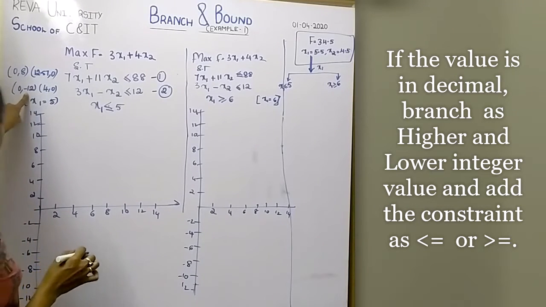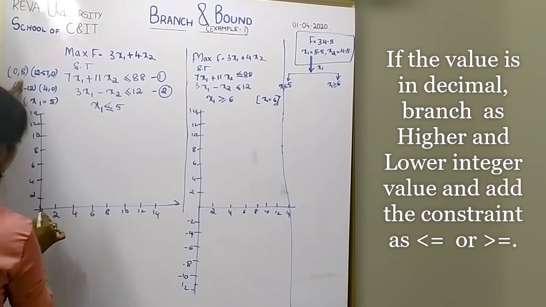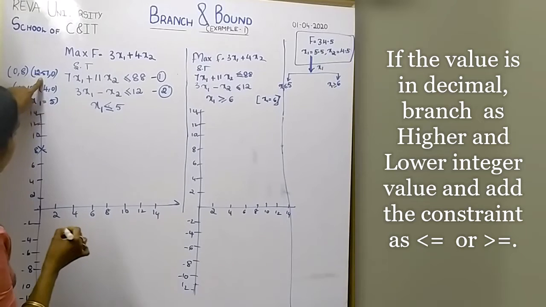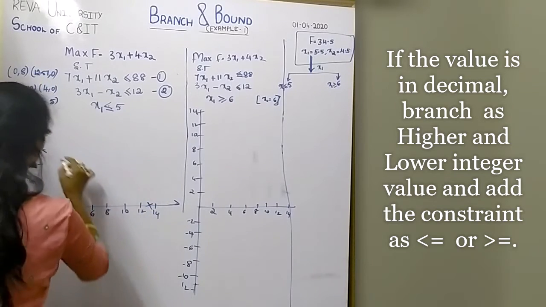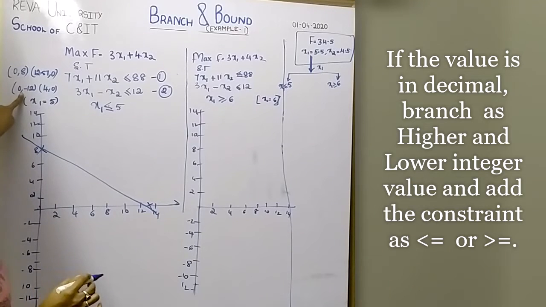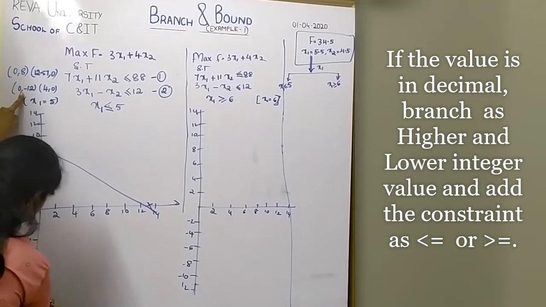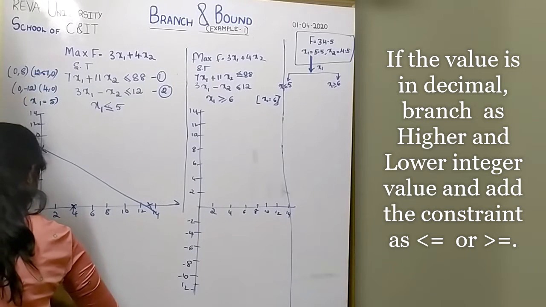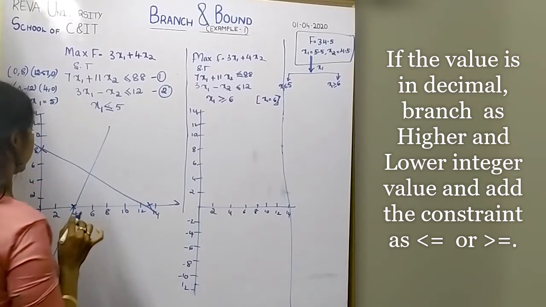Draw 0, 8. 0, 8 will be here. 12.57, 0. So approximately you have to join like this. 0, minus 12 will be here and 4, 0 will be like this. So you have to join like this.